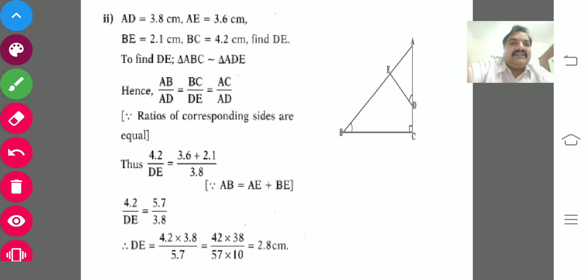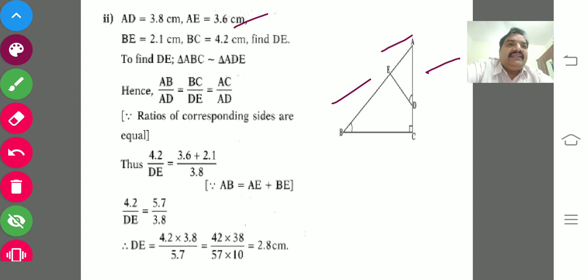Just see that. AD is given as 3.8, AE is given as 3.6, BE is given as 2.1, and DE you would like to find. In the first problem we already proved that triangle ABC is similar to triangle ADE. I told you the technique.